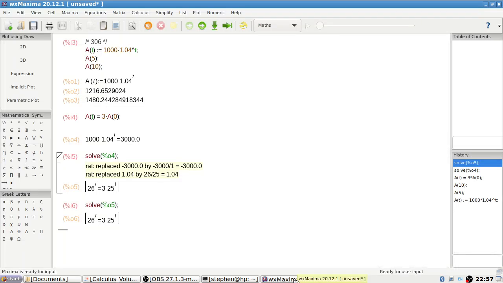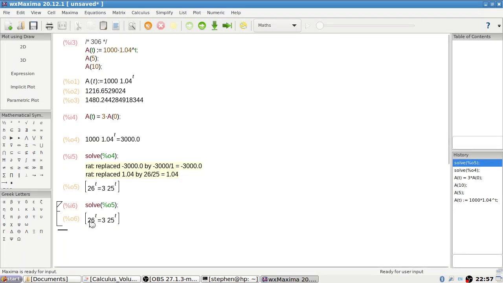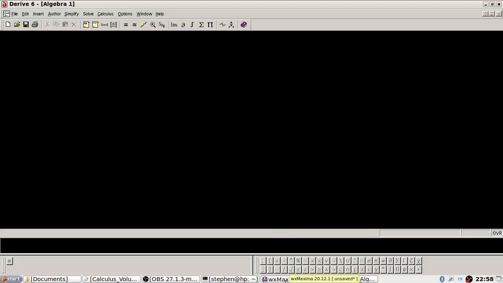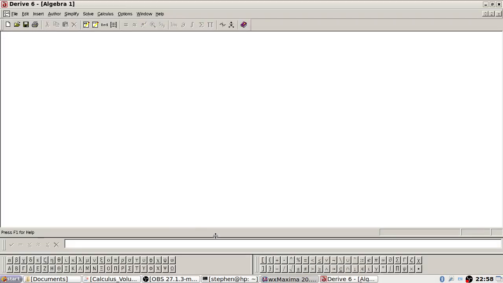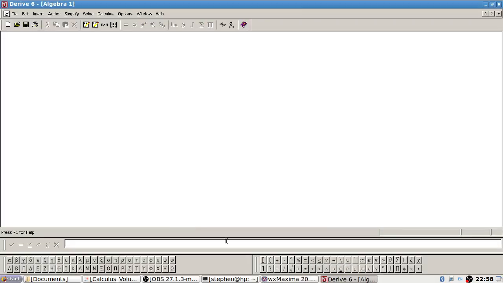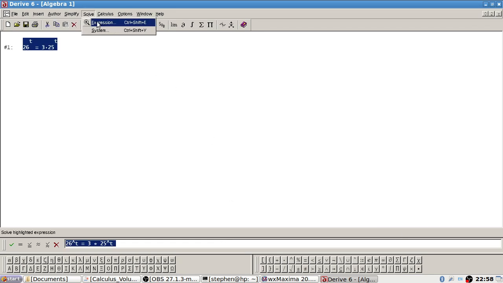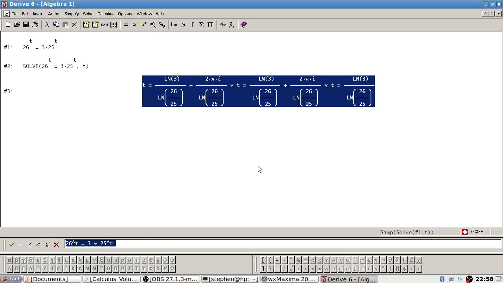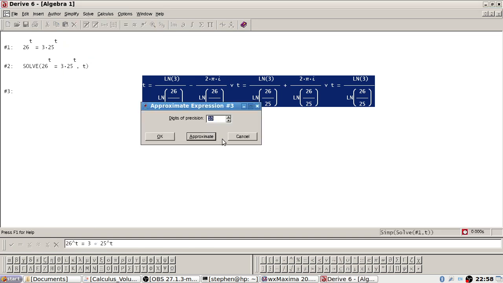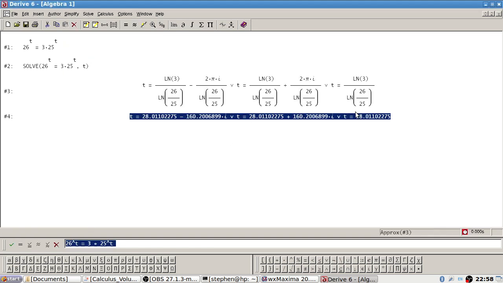So we're just trying to solve this rather simple equation. 1.04 to the power t equals 3 times 1.04 to the power t. Solve expression. And there we go, about 28 years.